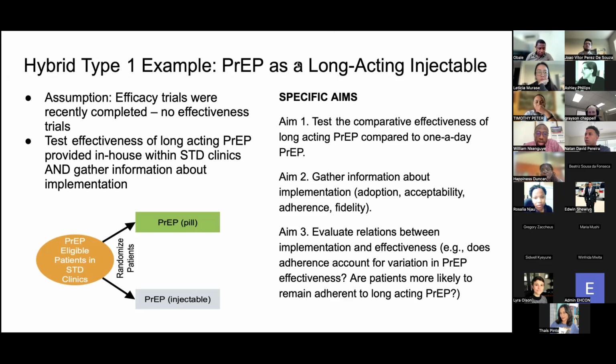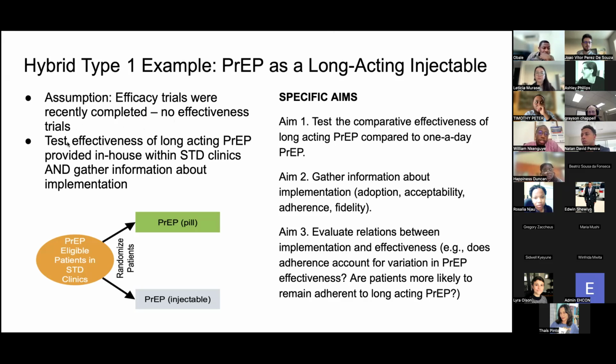This drug was proven to be efficacious in trials, but there were no effectiveness trials. That is to say, in controlled clinical trials, a long-acting injectable drug was proven to be efficacious, but there was no evidence of effectiveness.